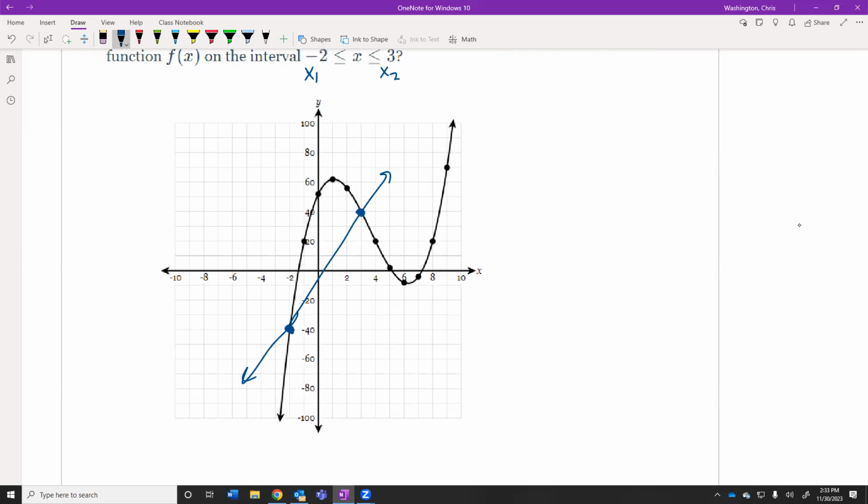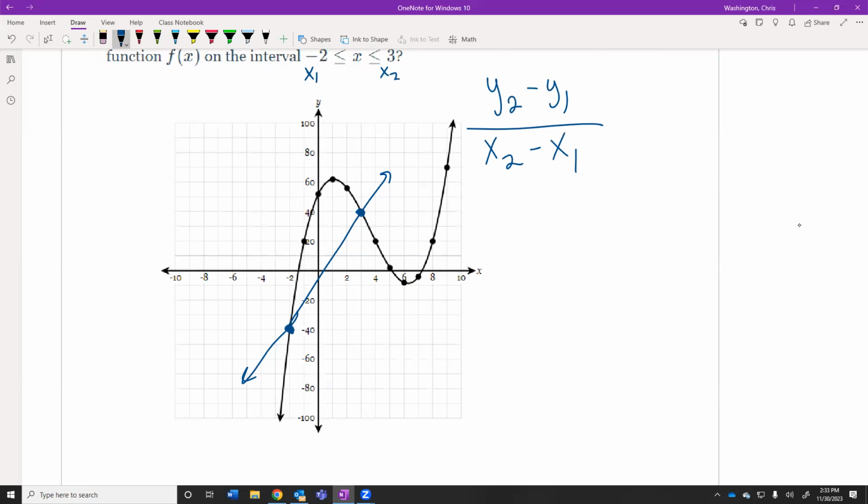Mathematically, it's equal to the slope of the line that connects those 2 points. So how do we find the slope of the line? Y2 minus y1 over x2 minus x1. We've written that formula down 3 times now. You should probably write it down about 16 to 18 times today.